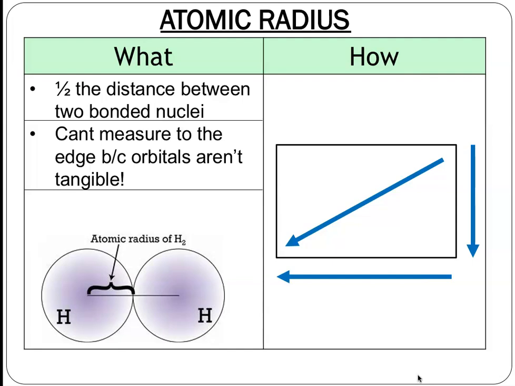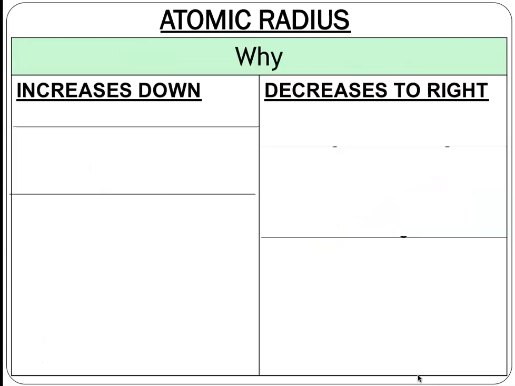Therefore our smallest elements should be going towards the top right. Yes, we know hydrogen is actually the smallest one, but in most periodic tables, hydrogen and helium are raised above the periodic table, so they're not really taken into account. But yes, hydrogen is still the smallest.